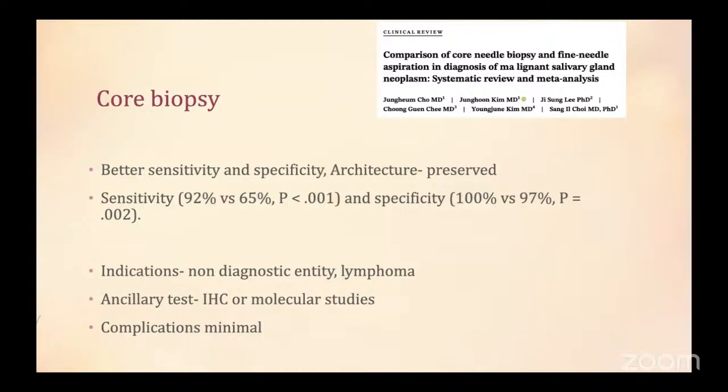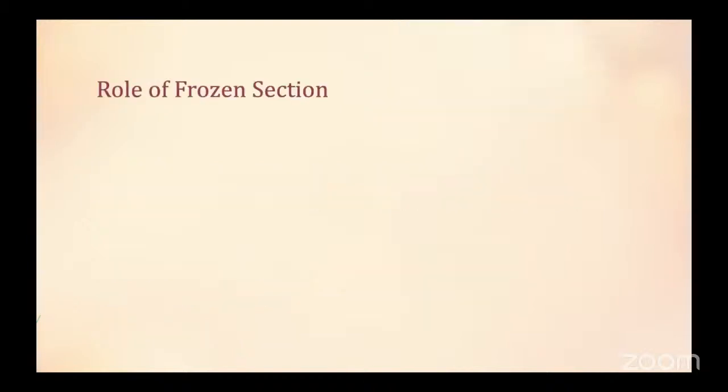The indications are non-diagnostic entities, lymphomas, and ancillary tests, meaning when we want to do IHC or a molecular study. Complications are very minimal. Seeding and facial nerve palsy, not much reported complications have been there, even in the meta-analysis.